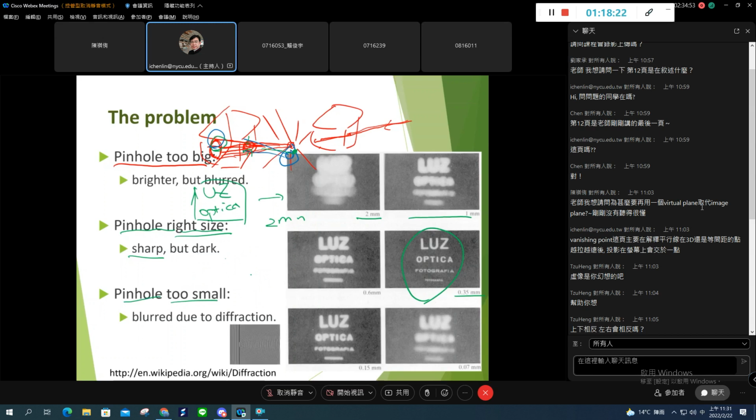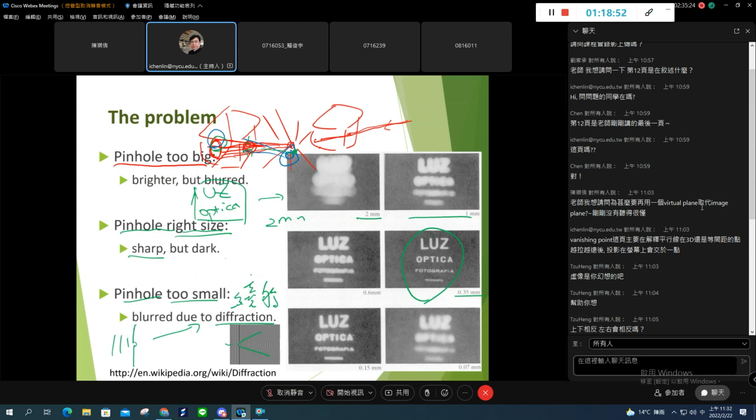So what is the problem? Whenever your hole is smaller than some threshold, some number, you will get the diffraction effect. Diffraction means 绕射, right? So the wave here will spread again if your hole is too small.